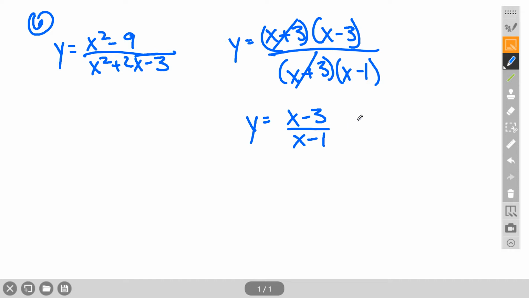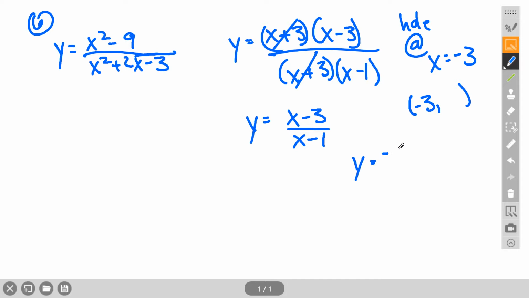Now, the point of discontinuity is going to be where we crossed it off, at -3. There's going to be a hole at x equals -3. That's the factor that we crossed off. So if we want to know what the y coordinate of that hole is, we just need to plug -3 into this right here, x minus 3 over x minus 1.